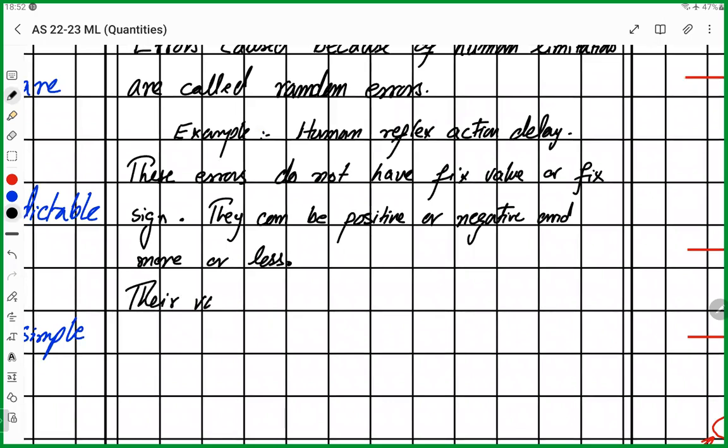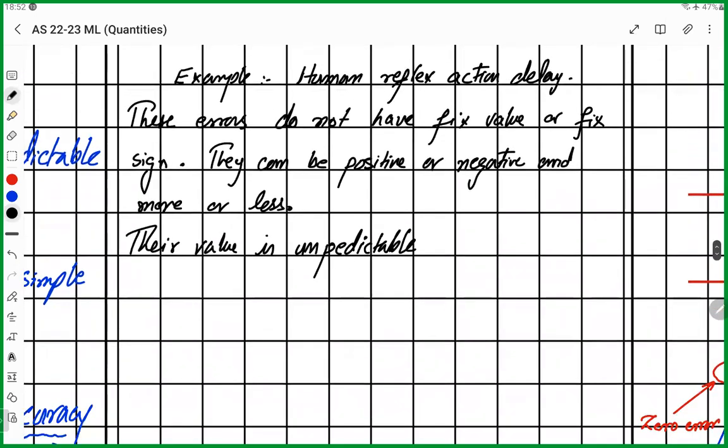We cannot predict how much random error will be there in any specific measurement. So random errors are unpredictable.